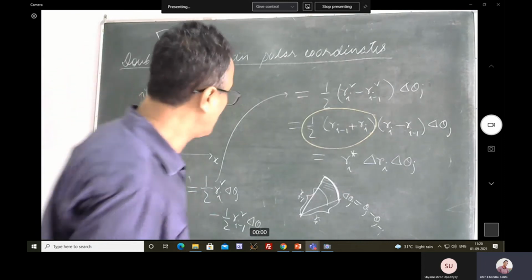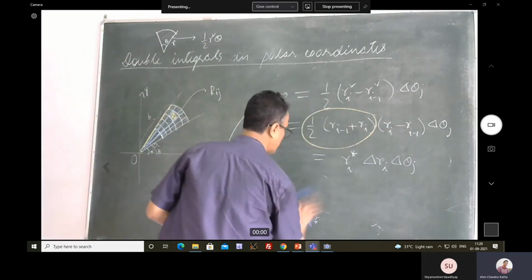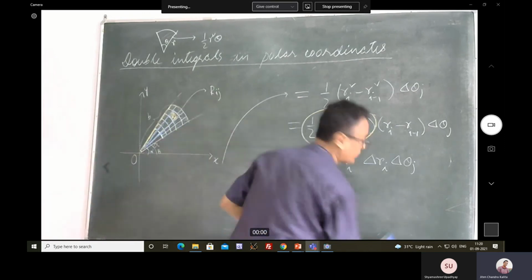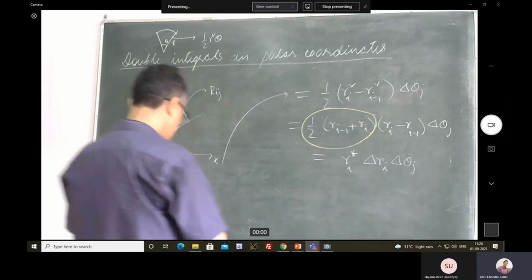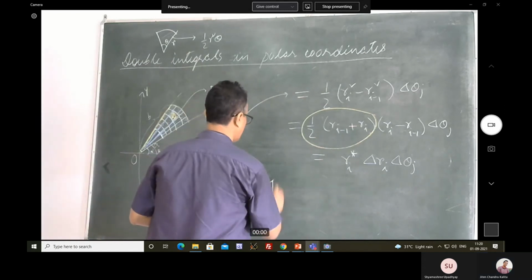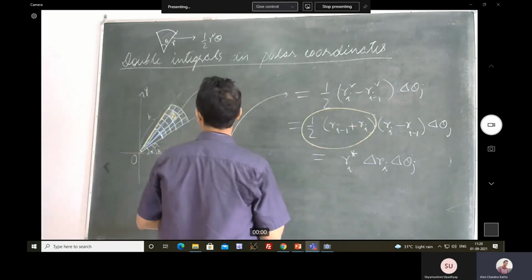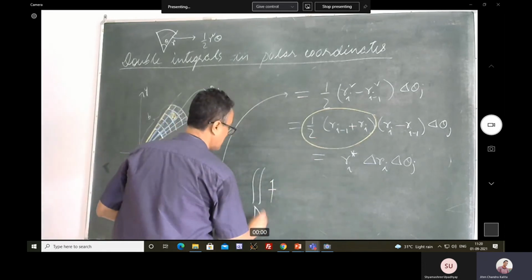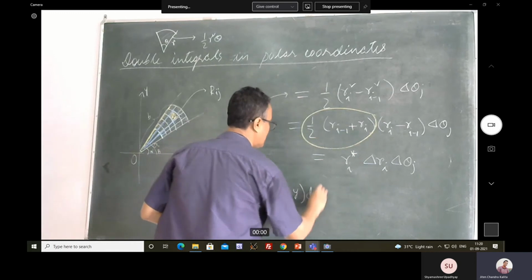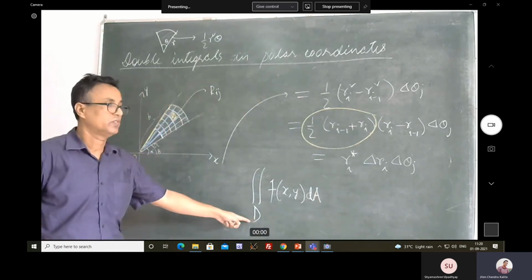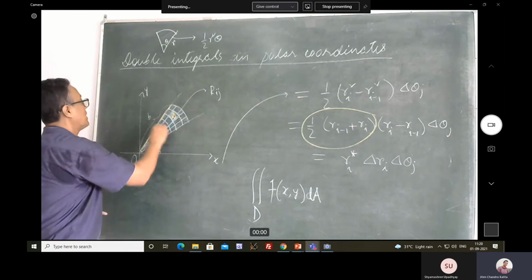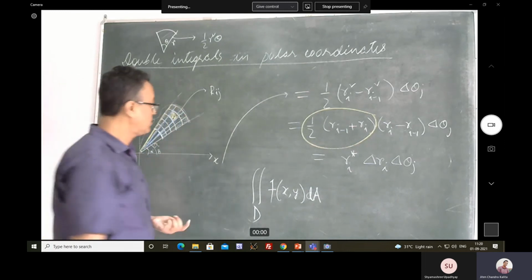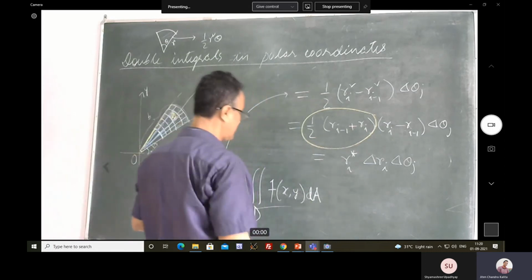Okay. So now, what I am going to do? I am going to consider this one. Say, suppose you have to integrate f over this region, where D is the region given by this polar rectangle. Okay, so then what will we be interested in?